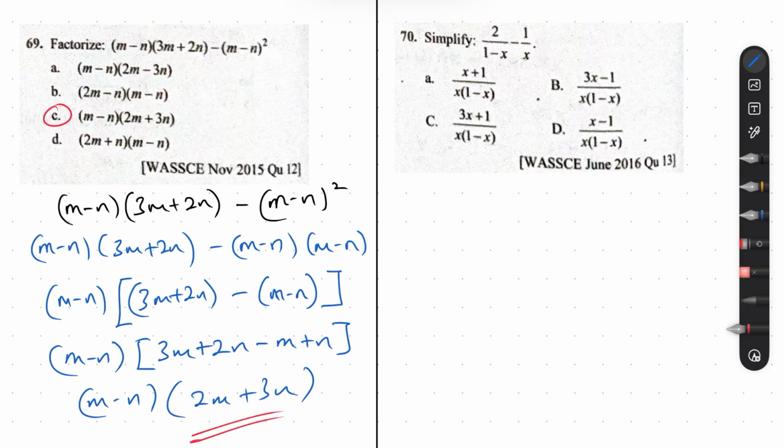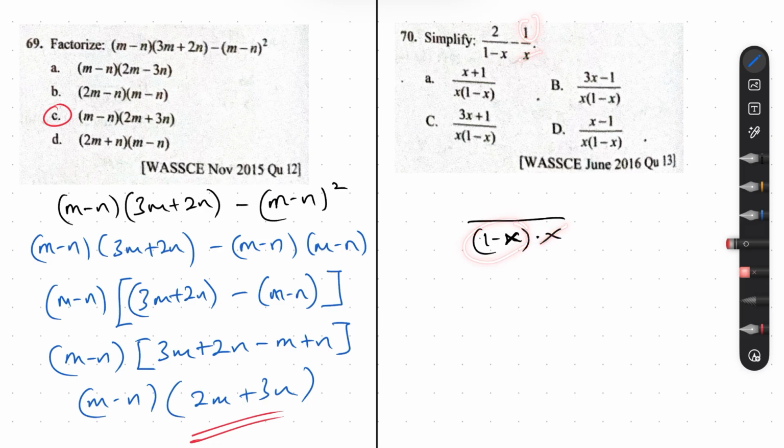Question number 70 says we should simplify this. So as usual, we find our LCM. Here our LCM is just a multiplication of the two denominators, times x. Okay, cool. Now this will cancel this, and we are left with what? x. So x multiplies these two, and similarly x here will cancel x, left with this, which will multiply the 1 here.